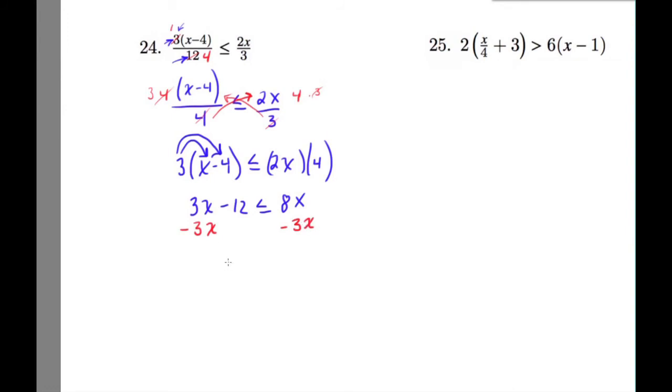So that gives me negative 12 on the left is less than or equal to 5x, or I can say 5x is greater than or equal to negative 12. So now I need to divide 5 to both sides to get rid of it, and I get x is greater than or equal to negative 12 fifths.